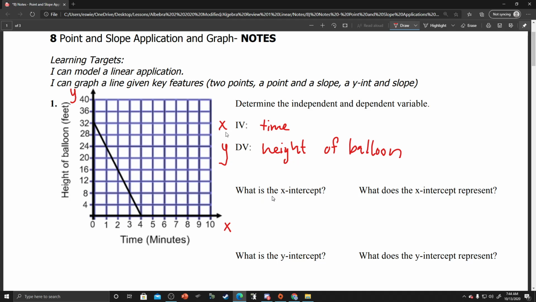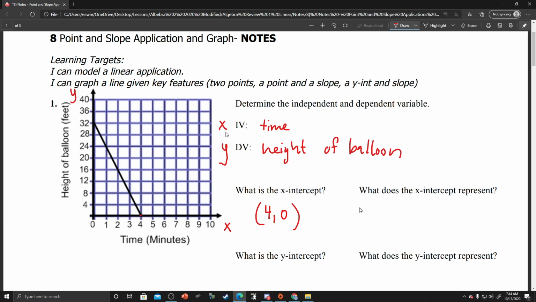Then the x-intercept is where it crosses my x-axis. I look here, it crosses at 4, so 4, 0 if I want to write that as an ordered pair. What does the x-intercept represent? This is the height of the balloon, so when y is 0, that's when the x-intercept happens.